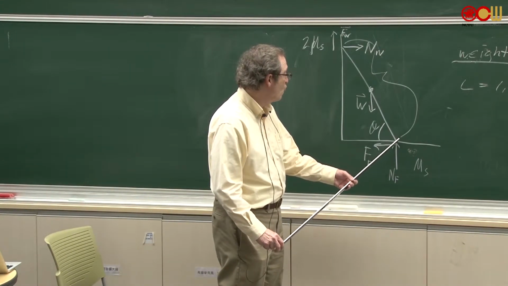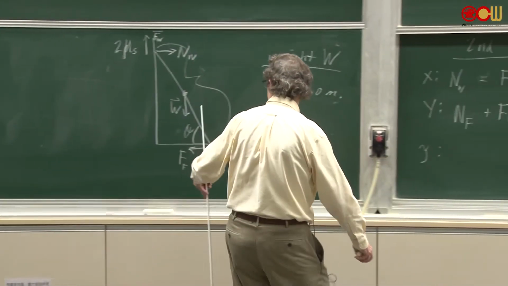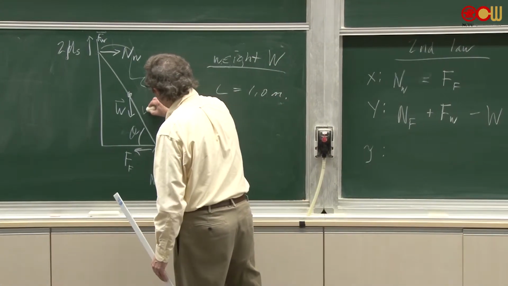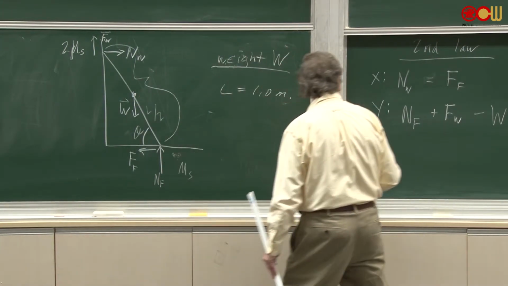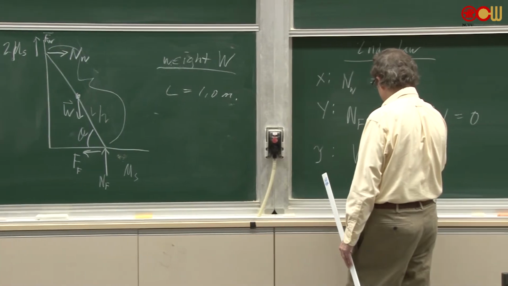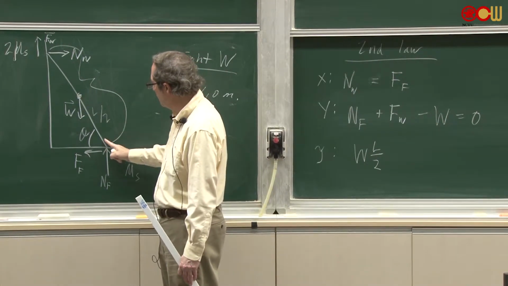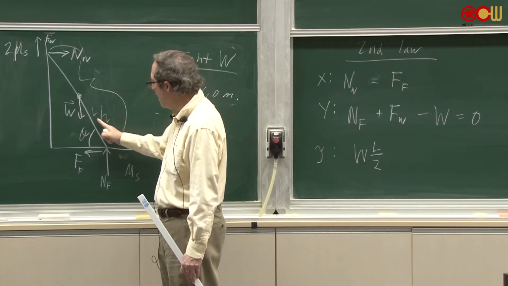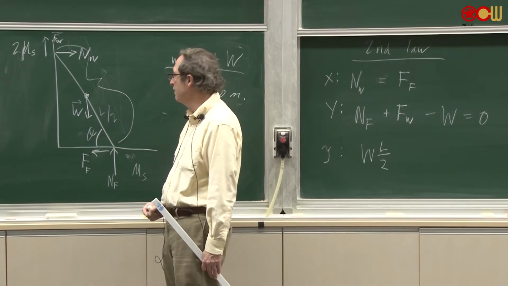So we want the torque about here. So we have W times L over 2 times, is it the cosine of theta or the sine of theta?